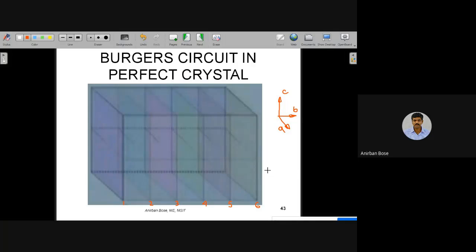Now let us draw a circuit. For a Burgers circuit, you have to start from any point. Let us consider we are starting from this location, from this point.